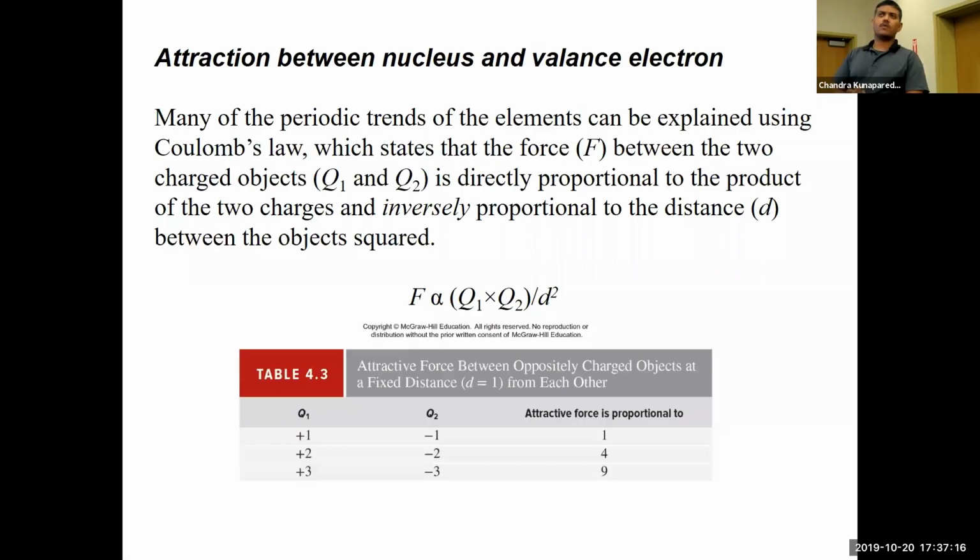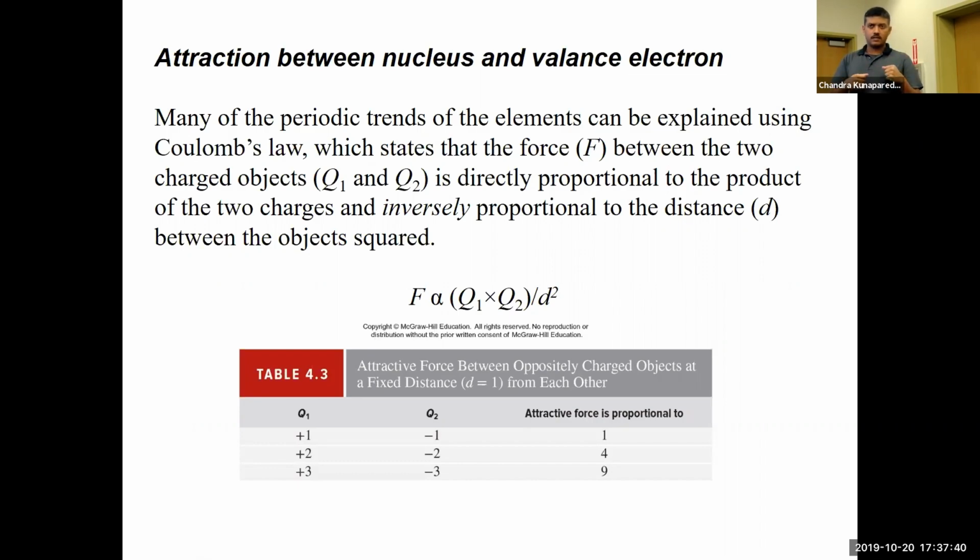Here, actually, I have one more example on the ionization energy topic that shows how to calculate the attraction between the nucleus of an element and the outside valence electron. Here you could use this Coulomb's law equation to calculate the force, the attraction between two charged particles, which is the nucleus and the valence electron.